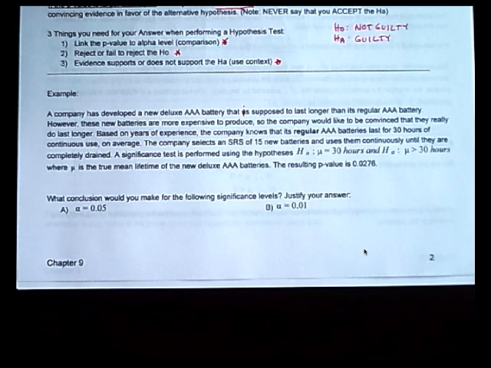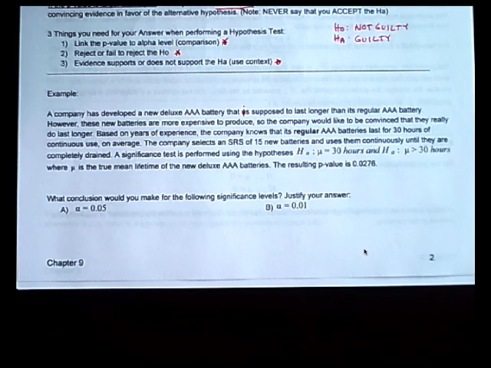Based on years of experience, the company knows that its regular AAA batteries last for 30 hours of continuous use on average. The company selects a simple random sample of 15 of the new batteries and uses them continuously until they are completely drained.